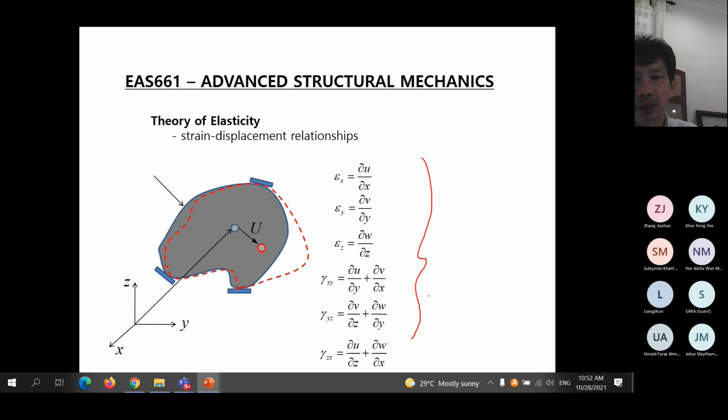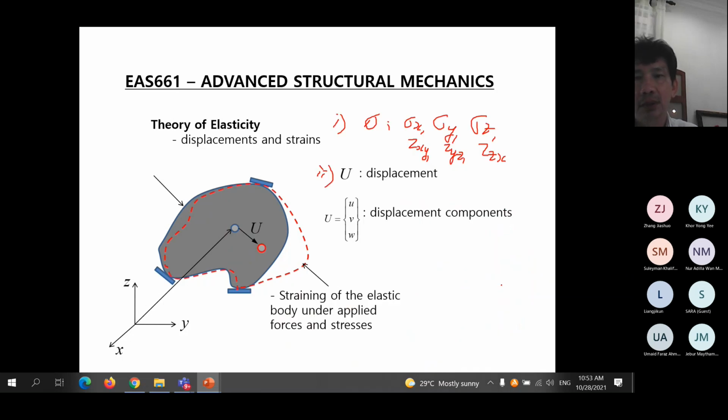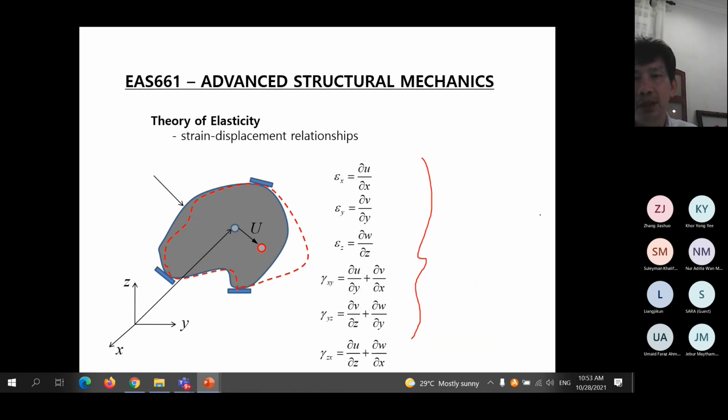Now, if you look at these equilibrium equations, there are 3. The number of stress components is 6, the number of displacement components is 3, and the number of strain components is 6.